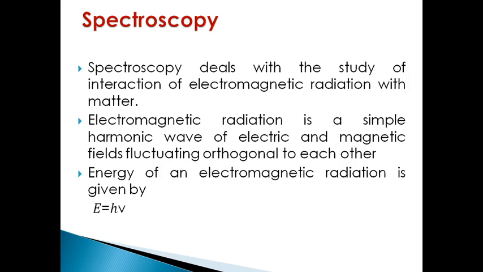It is a form of energy which has an electric component and a magnetic component, both fluctuating orthogonal to each other. That means both components are perpendicular to each other, and Max Planck gave the relation for the energy as E is equal to h nu. So, the energy of electromagnetic radiation is quantized and it is given by E equals h nu.